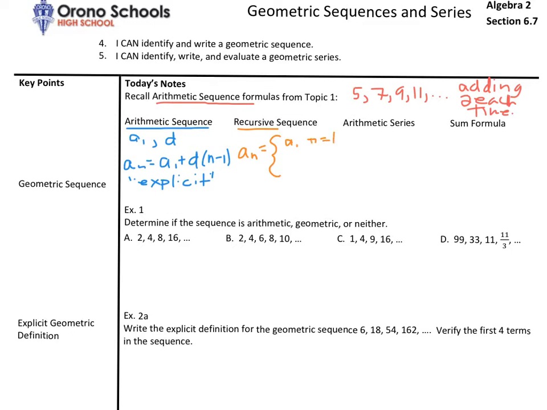And then it was a sub n minus 1 plus d, and that was for anything greater than 1, any n value. That just meant we kept adding d to the previous number.